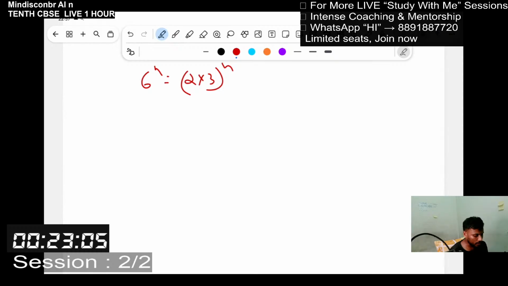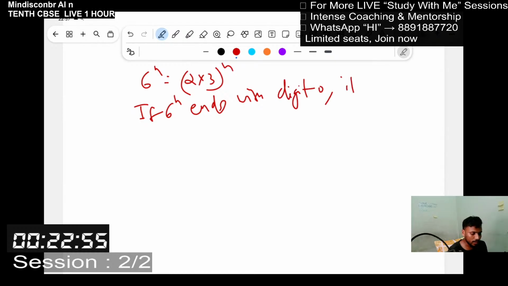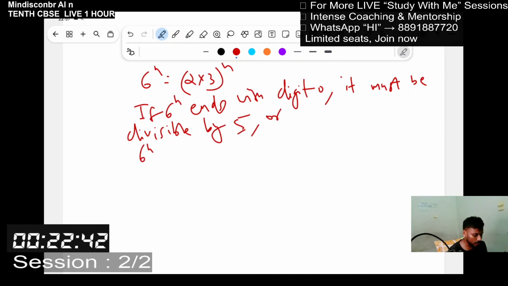If 6 raised to n ends with the digit 0, it must be divisible by 5, or 6 raised to n should contain 5 as its factor.